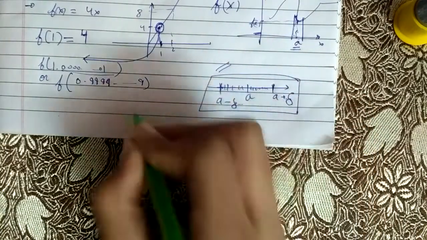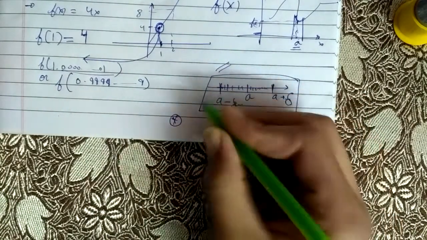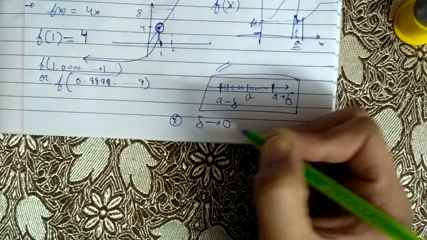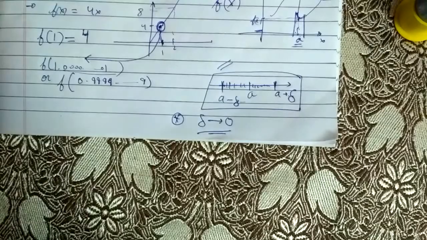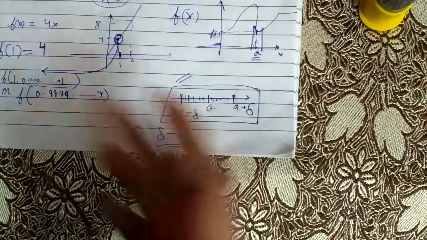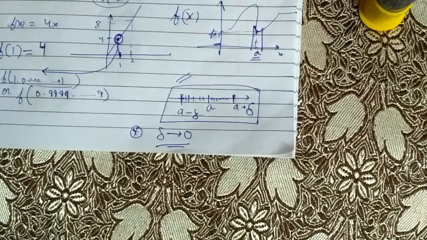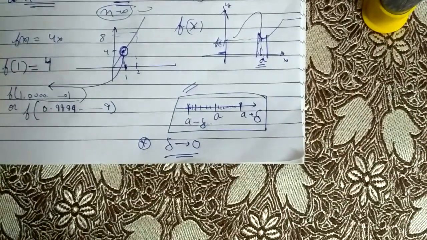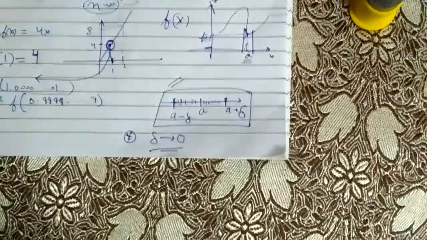Also we will arbitrarily take that del approaches 0. So you might have understood that we are interested in the values in the neighborhood of x equal to a.